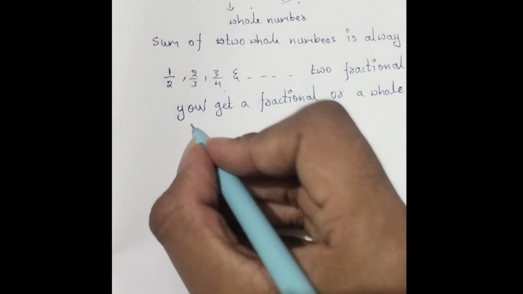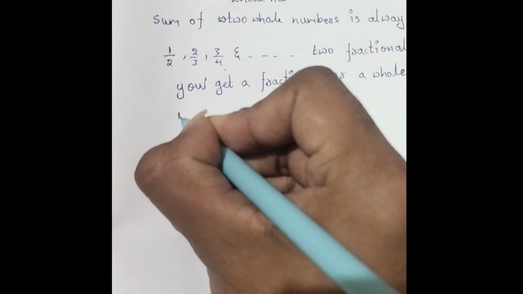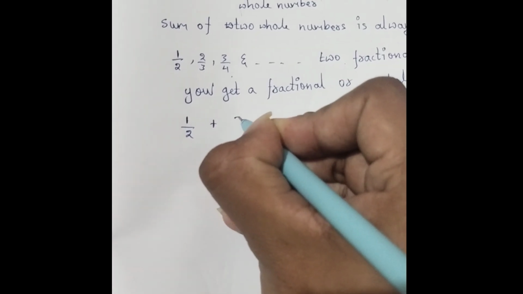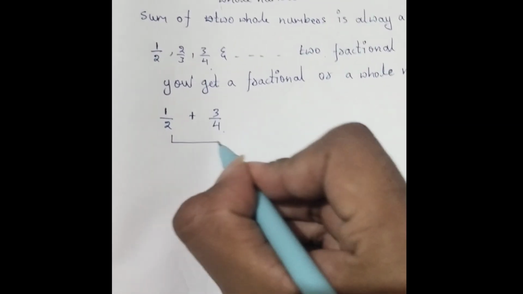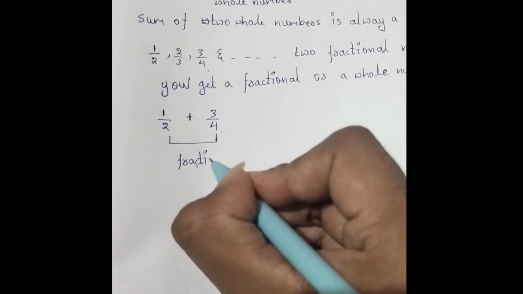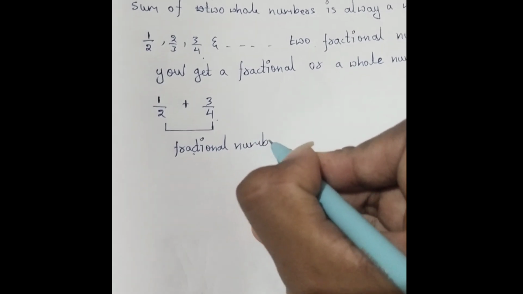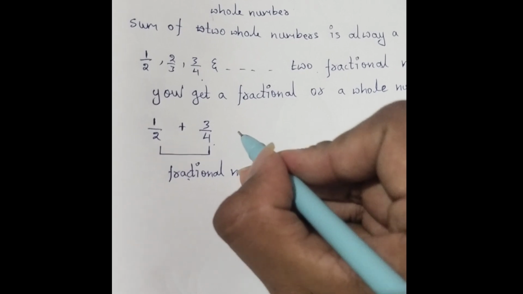So here, let's consider two fractional numbers, 1 by 2 plus 3 by 4. So basically, these two are fractional terms or fractional numbers, and their sum can be either fractional or a whole number.